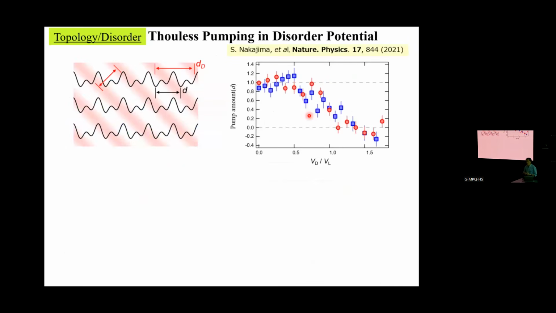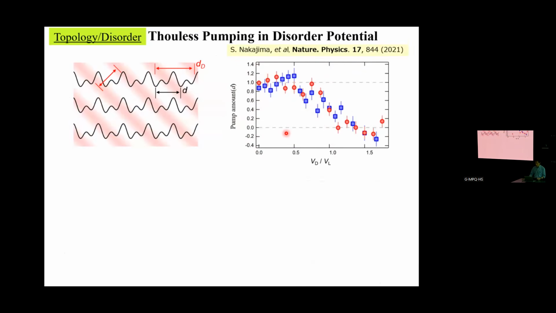And we introduced quasi-periodic disorder to this clean superlattice system to investigate the effect of the disorder. Here we plot the amount of pumping as a function of the disorder strength. As you can see, we observe the quenching of the Thouless pumping by disorder.